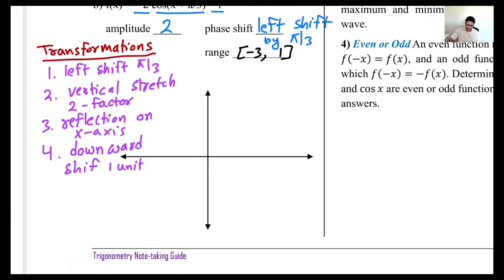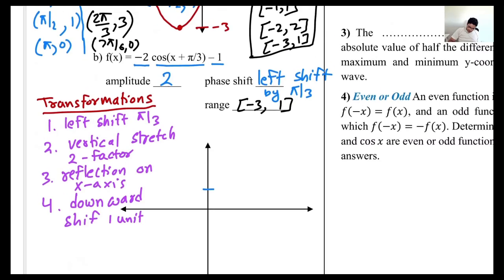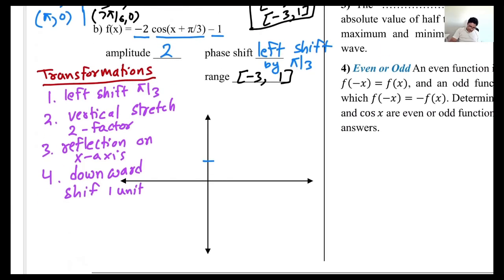But you'll understand if you have done it whichever way. I will start with my, let's say, 1 here, but the factor 2, right? So maybe I can take a little bit bigger value. 1 here, 2 here, that will be the max value. -1 here, so -2 here will be my min value.